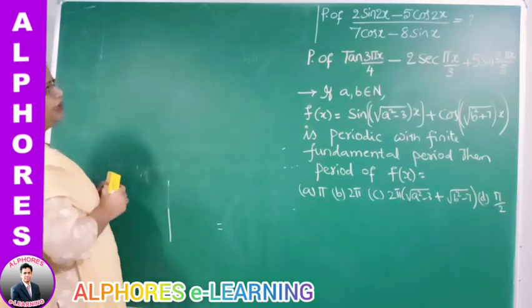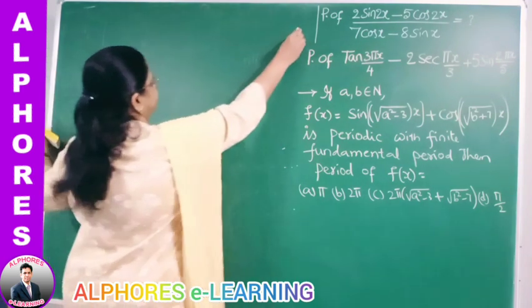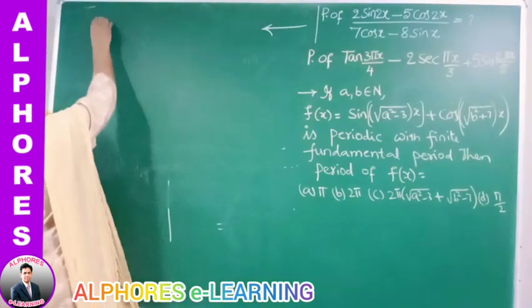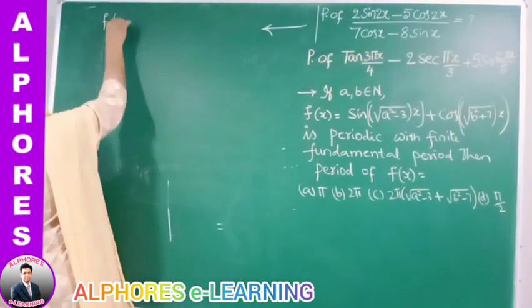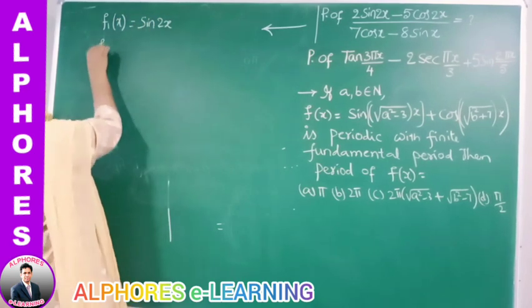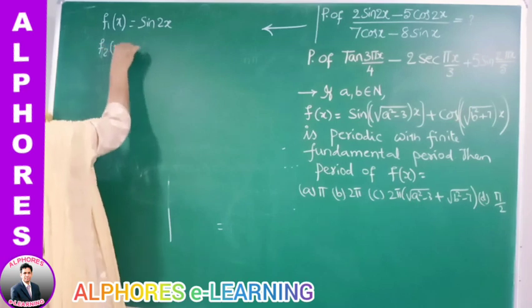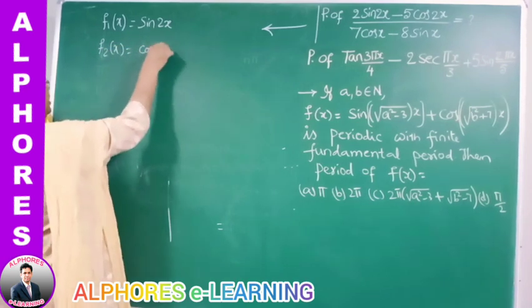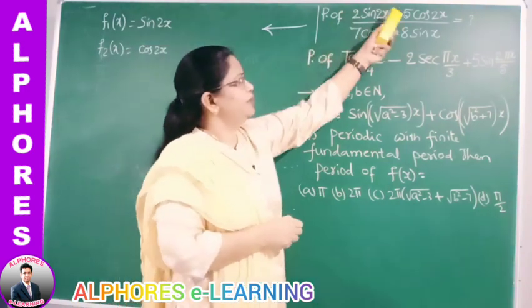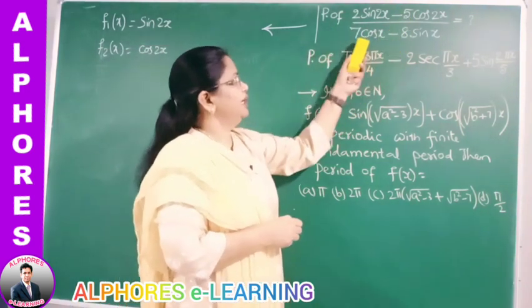Now what about the period of this function? Again the same thing, what are our functions? Individual functions. If you take f1 of x, suppose it is sin 2x, right? And next f2 of x, I am taking cos 2x. Don't bother about whatever other constants are involved in the problem, plus 2, minus 5, minus 8, plus 7.